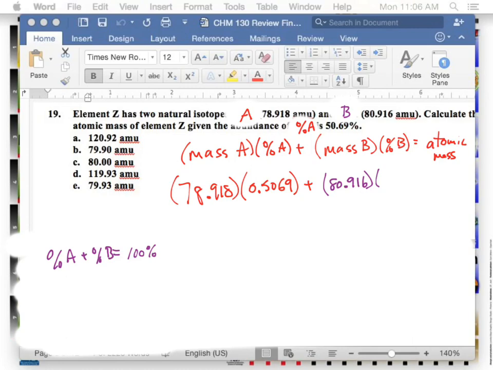So I can find the percent of B: 49.31%. What does percent mean? Out of 100. So I can say 49.31 divided by 100, which is 0.4931.